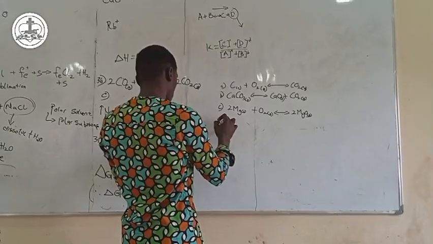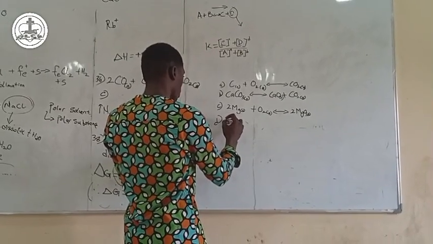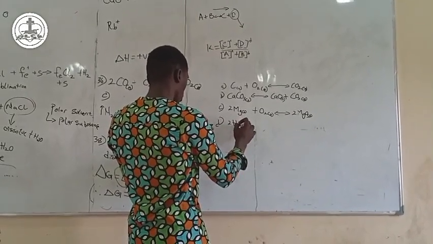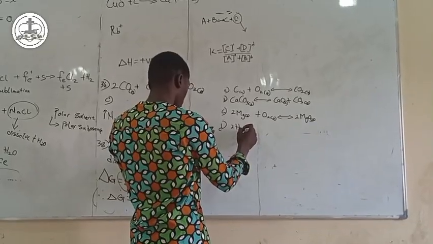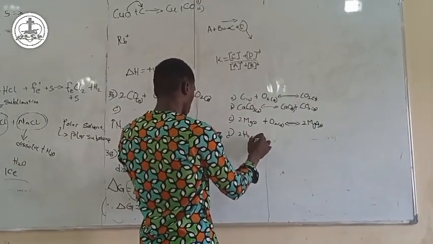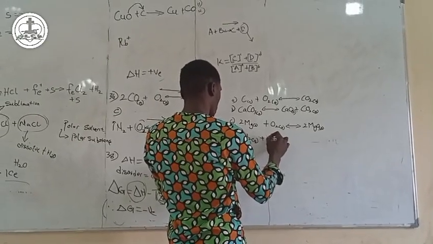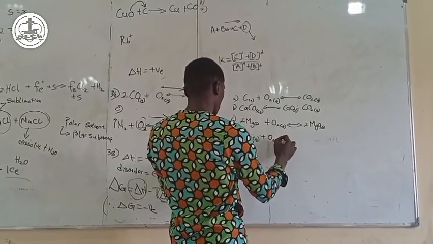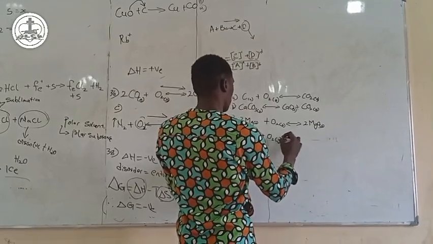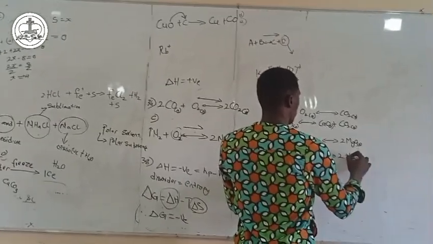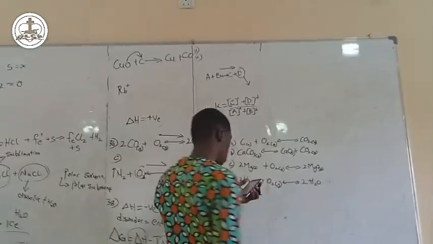Then D, we have 2H2 gas plus oxygen gas to give 2 moles of water.